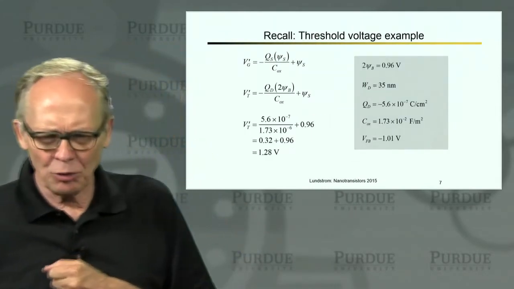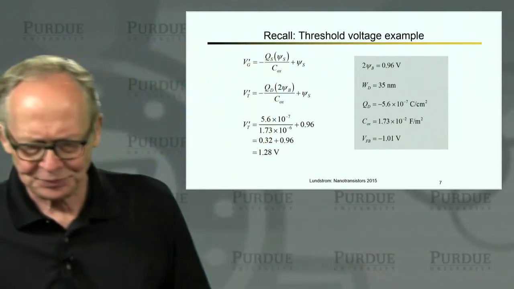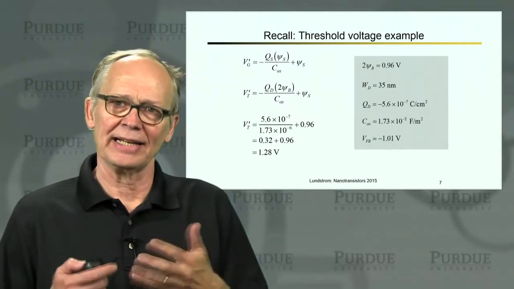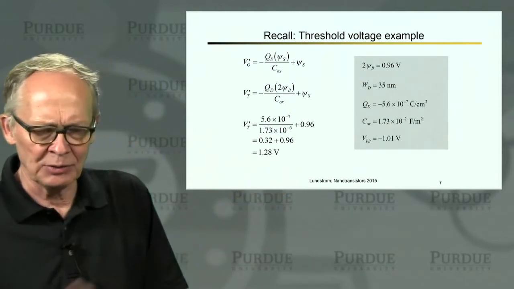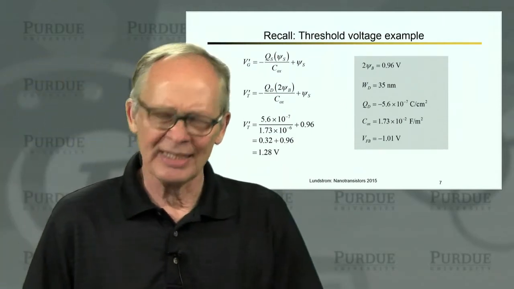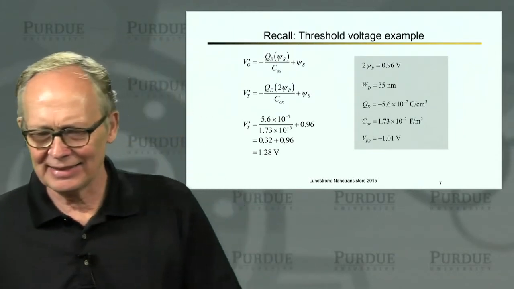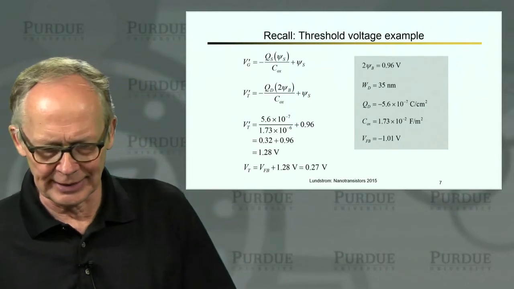So let's go back to this threshold voltage example that we discussed in the last lecture. So we worked through some numbers in our ideal case with the ideal metal, and we deduced a threshold voltage that was 1.28 volts. And I told you that's too high. For this doping, this oxide thickness, that's not a reasonable value to get.